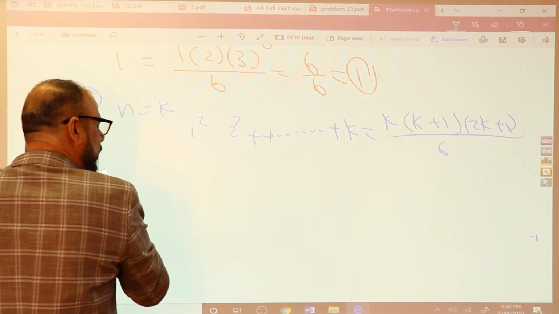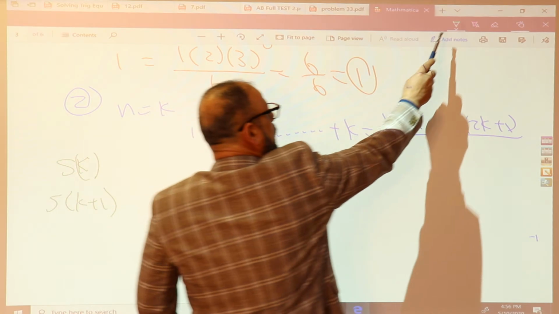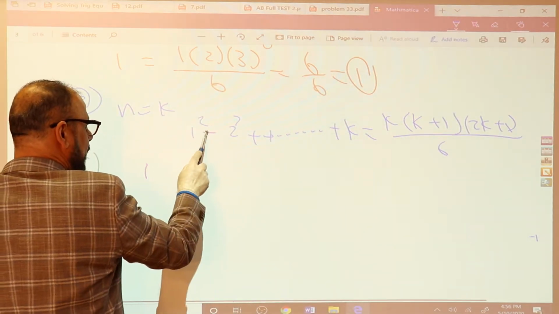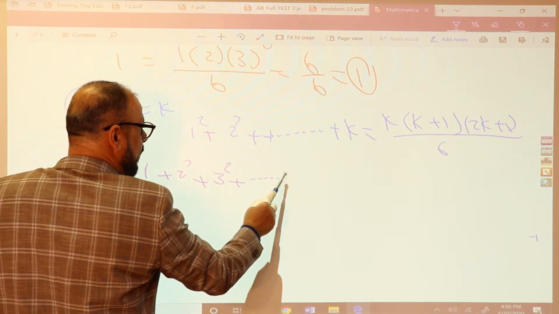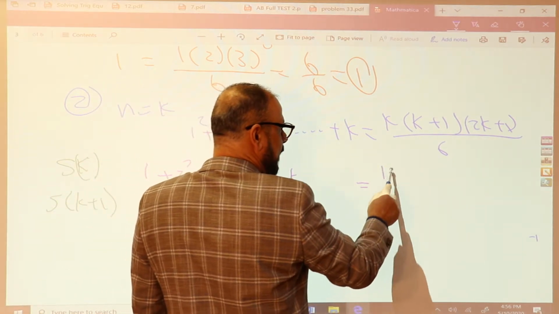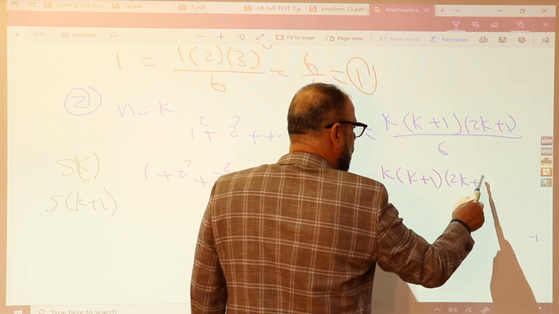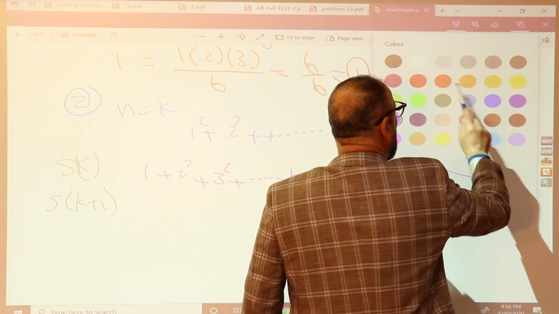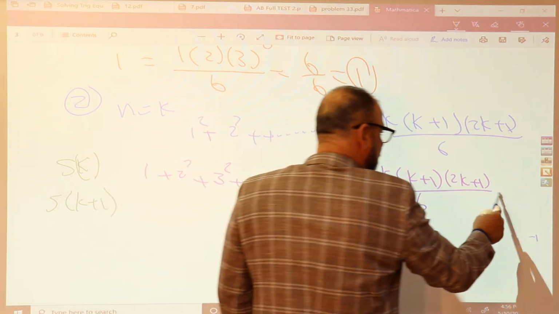I'm going to leave this in blue. I'm going to write 1 plus 2 squared plus 3 squared plus up to k squared. And here, I'm going to leave this empty: k plus 1, 2k plus 1 over 6. Now I'm going to add k plus 1 to see if this is true for k plus 1.